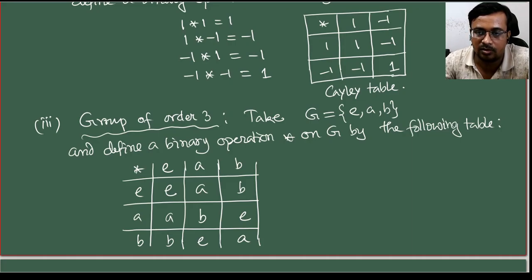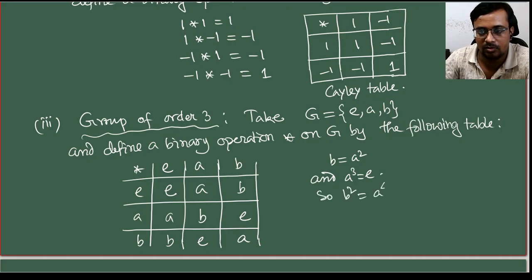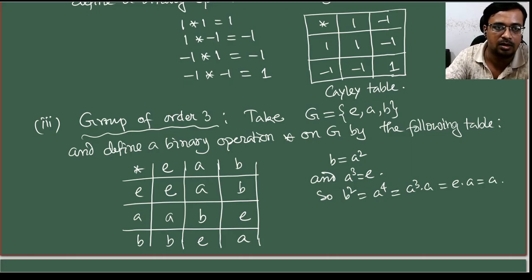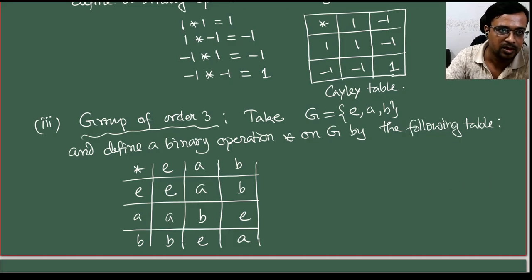Then B squared equals A to the power 4, which is A. A cubed times A gives A, so we want B times A equal to A cubed, the identity. And by construction we make A times A equal to B. So this should be satisfied in this example, and we get a group of order 3.